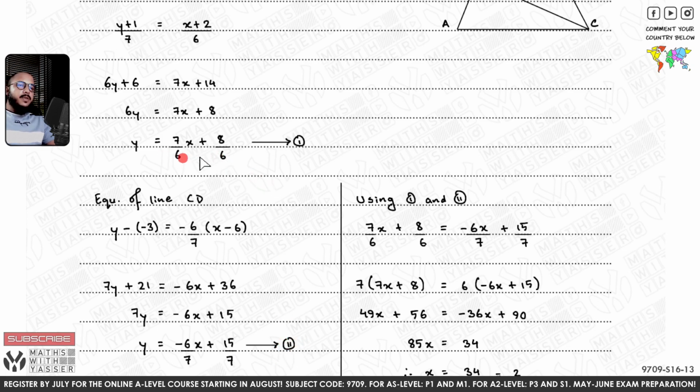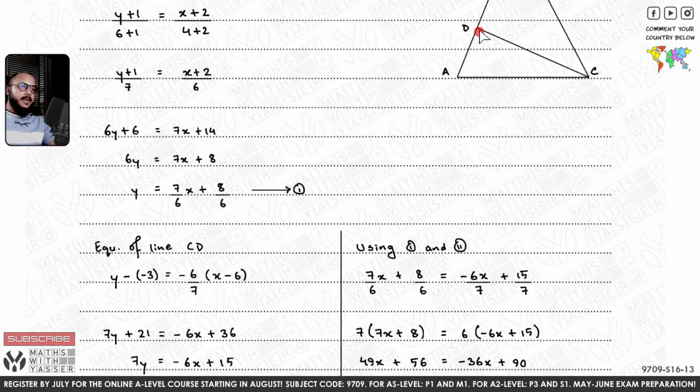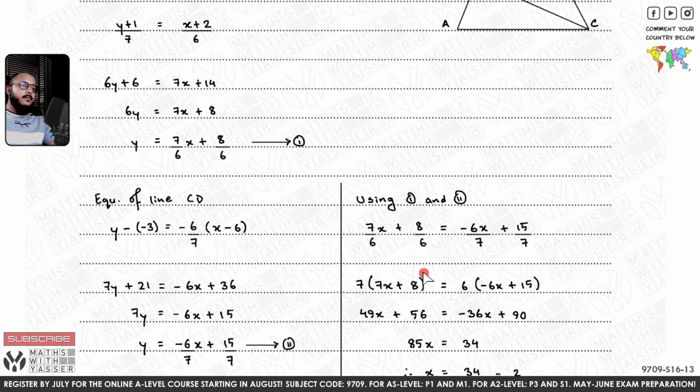So this was the equation of the line AB and this is the equation of the line CD. Since these two lines meet at the point D, we can equate these two equations. I have simply equated y equals y.